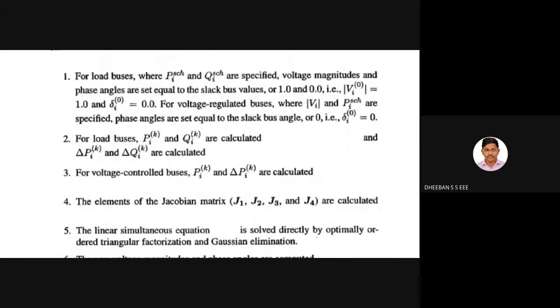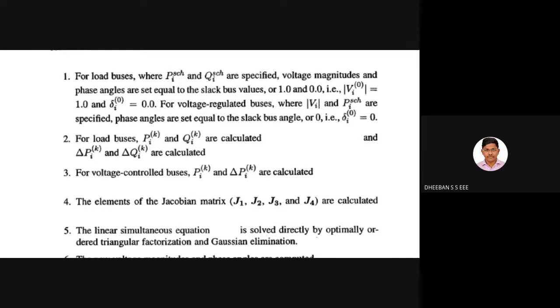So at the initial stage, for the load bus, your P and Q values will be specified. Basically this you know, because for a load bus P and Q will be specified, and you have to find your V and your del, the voltage angle. After that, your phase angles will be set equal to the slack bus. That is what they call maintaining a flat voltage profile.